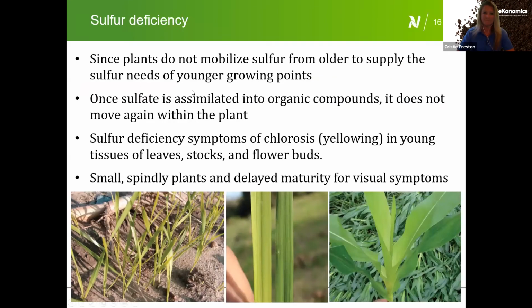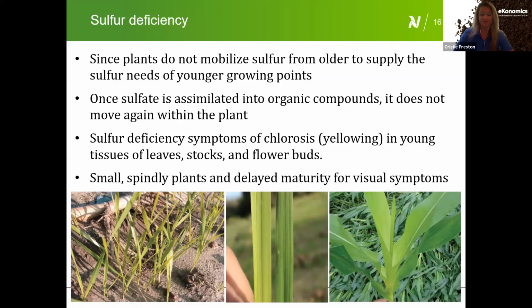So sulfur deficiency, again, we're going to see sulfur deficiency in the younger portions, and that's different from nitrogen. So some of the smaller crops that we have, say this first picture, it may be difficult to tell if it's a younger or older portion, but in a corn crop, like all the way over here to the right, you're seeing that striping, that chlorotic striping in the younger portions.